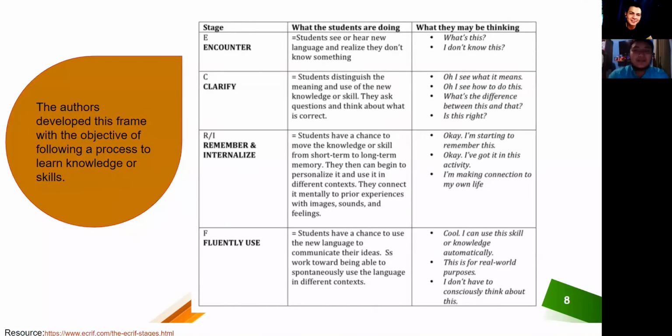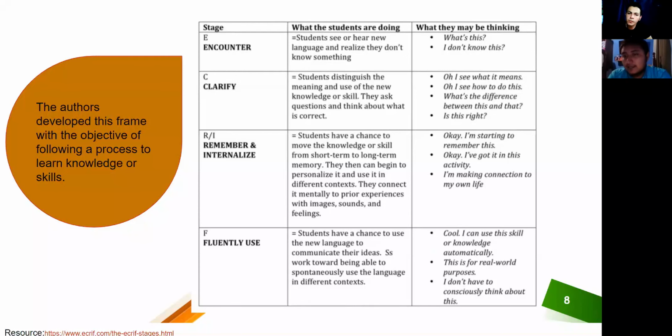So following this, the next step will be to remember. As you see in the chart, the remember and internalize stages are together because both work in order for the student to have a moment for practice and remembering all the process that they just learned before. With the questions that they clarify, they need to be able to remember all this in a moment in which they can practice.